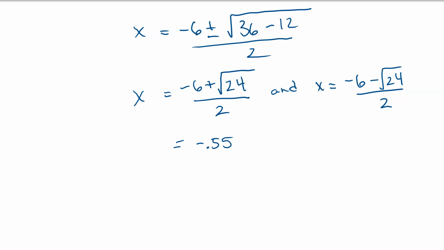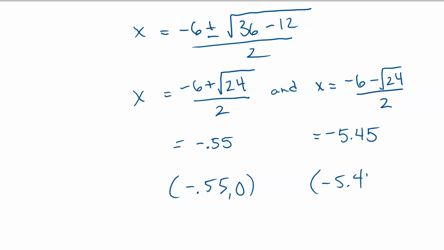And then when we do it the opposite way, with addition instead of subtraction, you're going to get negative 0.55. So our x-intercepts are negative 0.55, 0 and negative 5.45, 0.